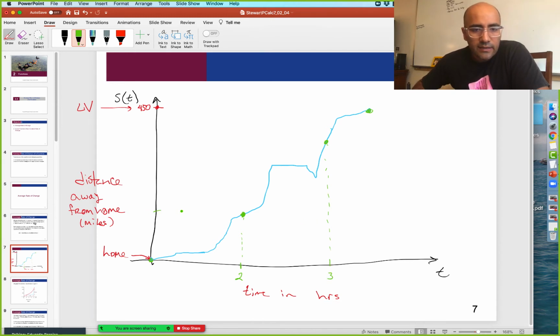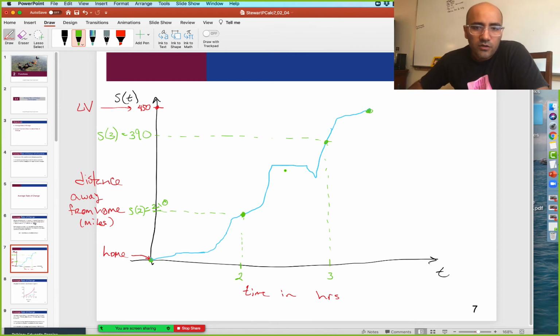So this guy here at hour 2 would be S of 2, and say that this is 210. So at exactly timestamp t equals 2 hours, I'm 210 miles away from home. And at timestamp 3, this would be over here, S of 3, and let's say at this point I'm exactly 390 miles away from home.